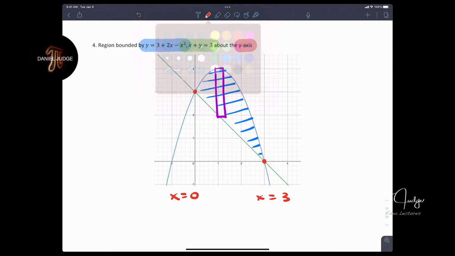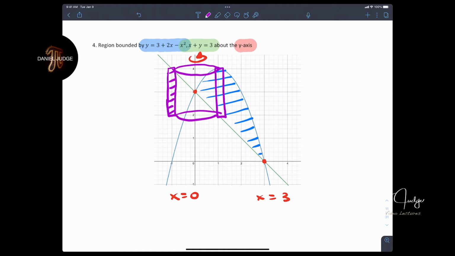When you revolve about the y-axis, on the other side, you can see the region, or maybe even this approximating rectangle here, create your cylindrical shells.